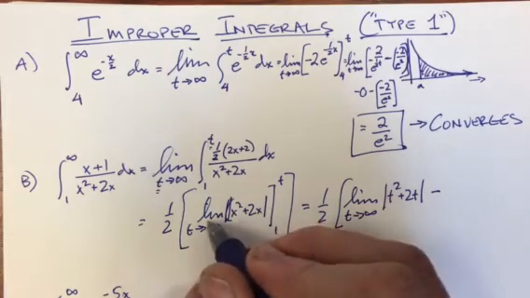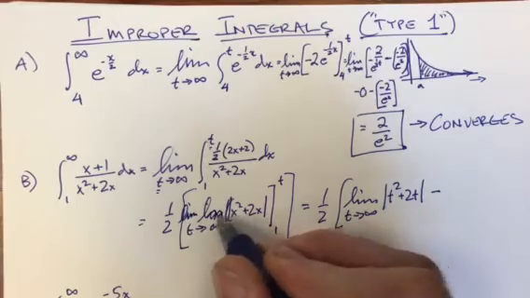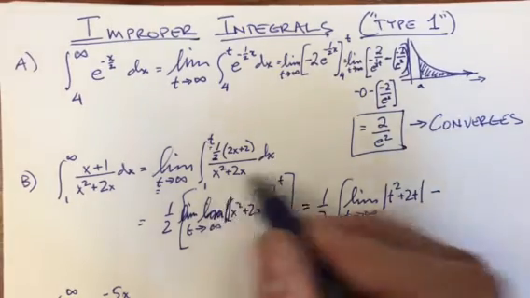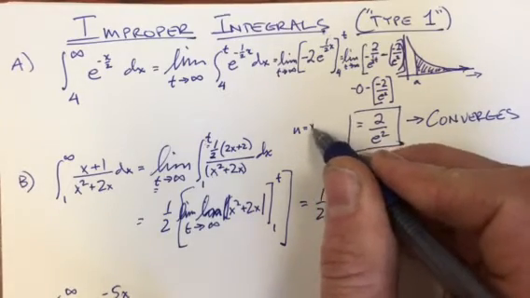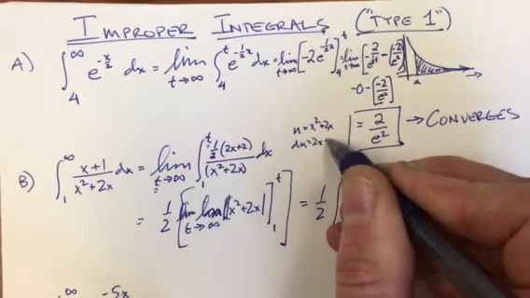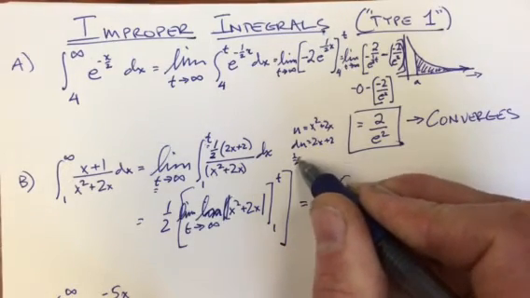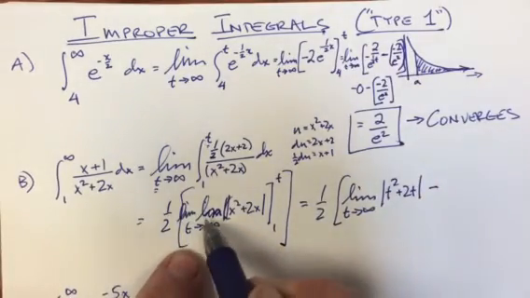Remember, that's the ln because I did a u substitution, u equals x squared plus 2x, and then du equals (2x + 2) dx, which is 2 times (x + 1) dx. Anyway, that's the ln there.